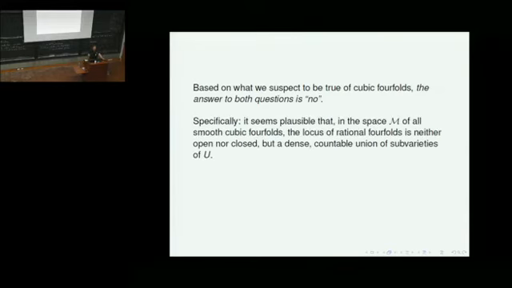In fact, specifically, what I'm going to try to explain to you is the logic behind our expectation that if we look at the space of smooth cubic fourfolds, they're not all rational and they're not all irrational. Instead, the ones that are rational seem likely to form a countable union of subvarieties in the space of all cubic fourfolds.